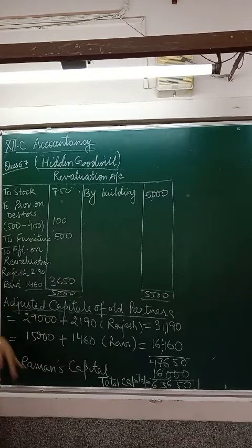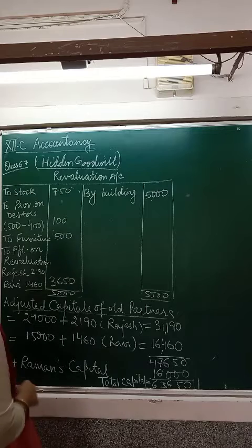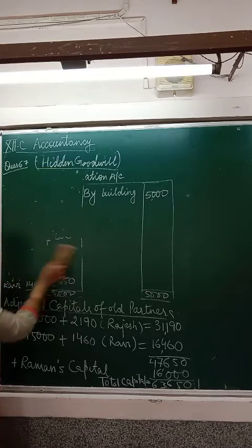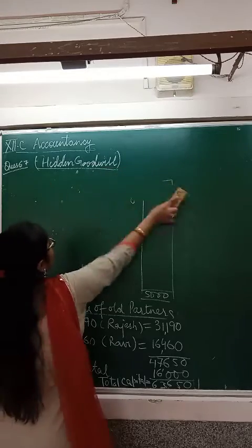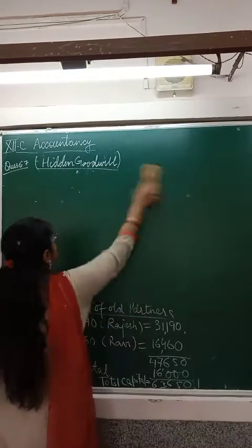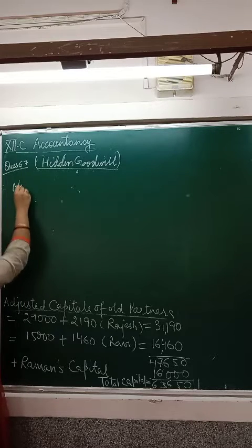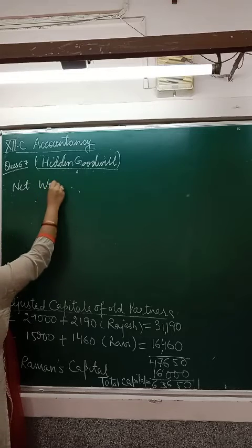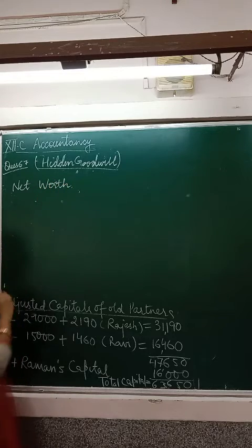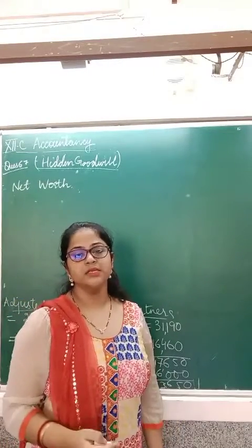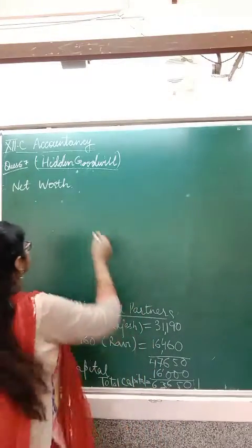If this much is clear to you, then we will move to the concept of hidden goodwill. Now this is a working note. Calculation of hidden goodwill. The calculation of hidden goodwill will include net worth on the basis of amount brought by a new partner minus the actual total capital.